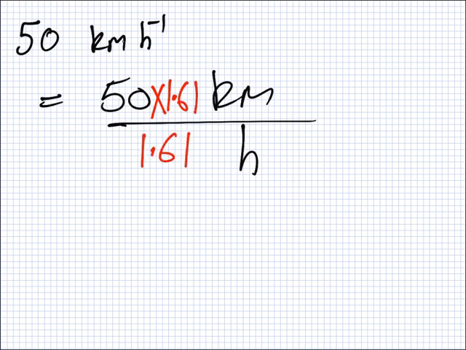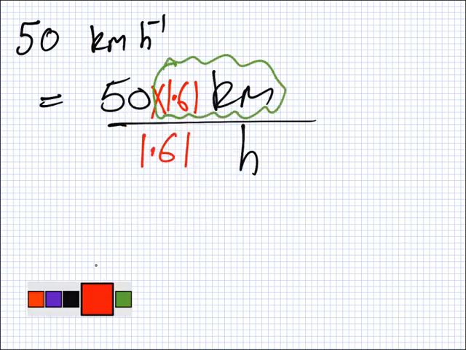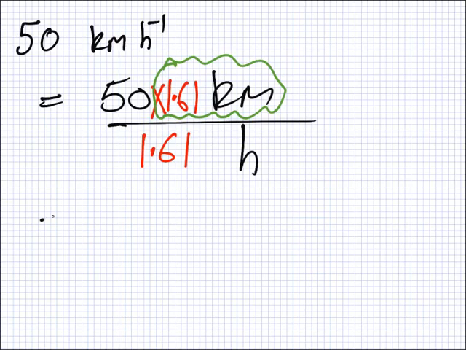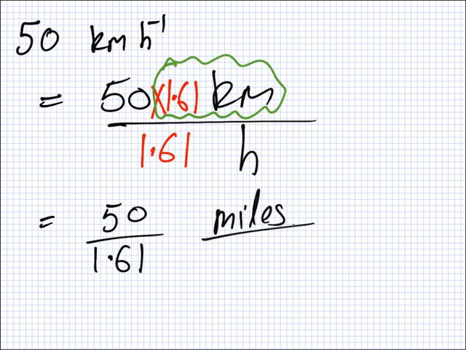Okay? Look. This and this cancel. So it's the same. Yeah? But, this here, what does this become? That becomes mile. Because I said 1.61 kilometer is a mile. So this equals 50 over 1.61 miles over hours.